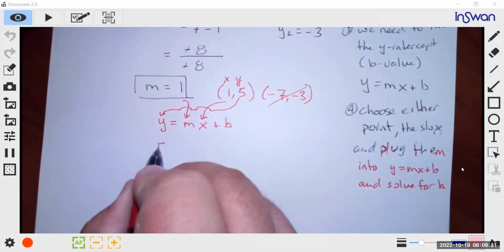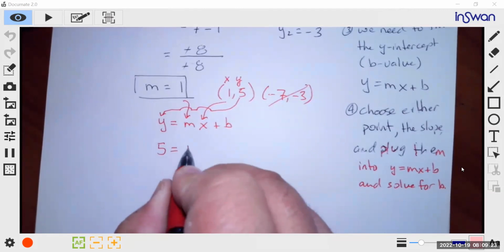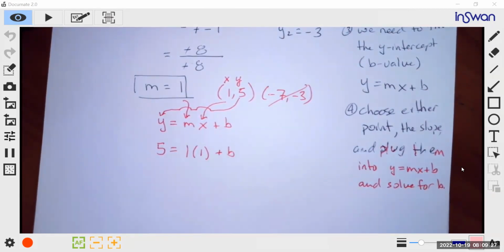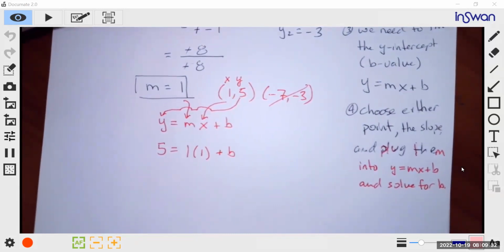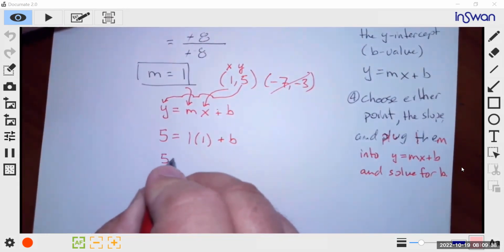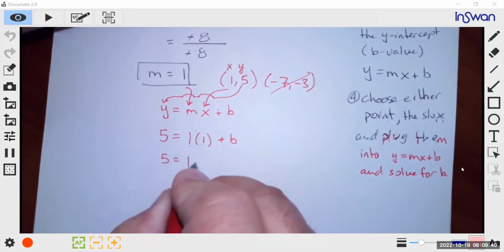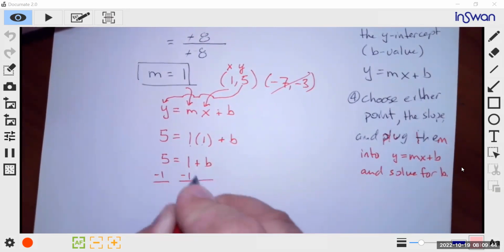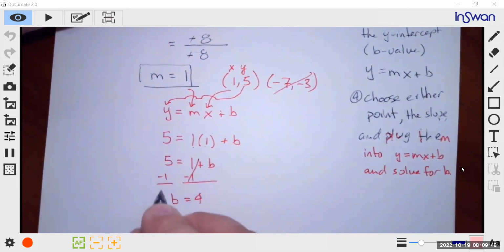So y is 5, m is 1, x is 1, we need to solve for b. 1 times 1 is 1. Subtract 1. 5 minus 1 is 4.